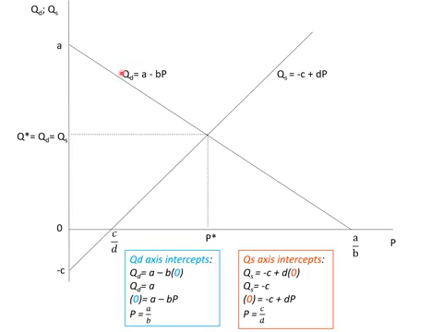So, for example, with the quantity demanded equation, the way to work out each intercept is, if you want to work out where the demand graph intercepts the quantity axis, you need to substitute 0 for P, because what you're trying to work out is, when price is 0, what is quantity demanded.